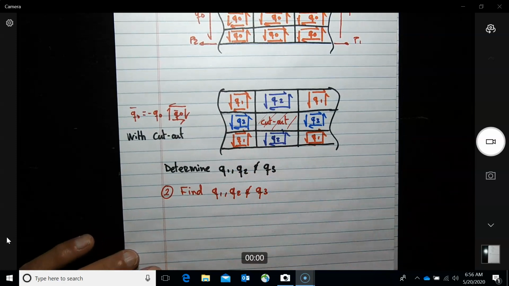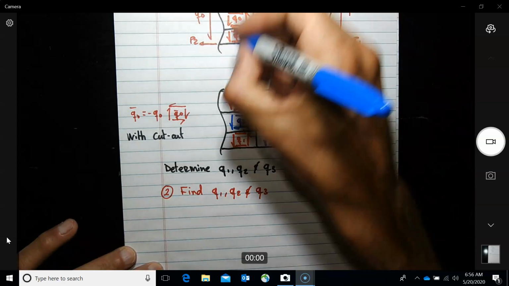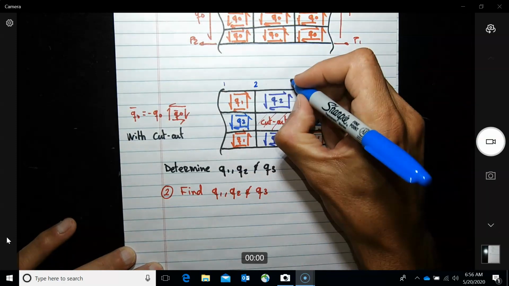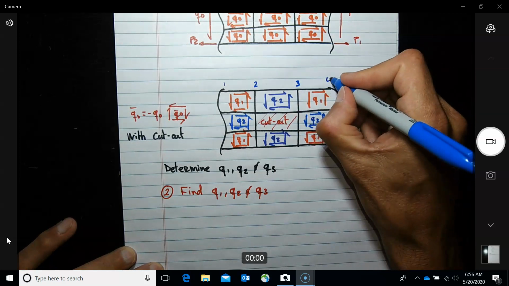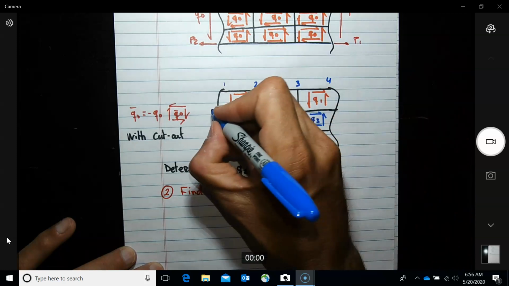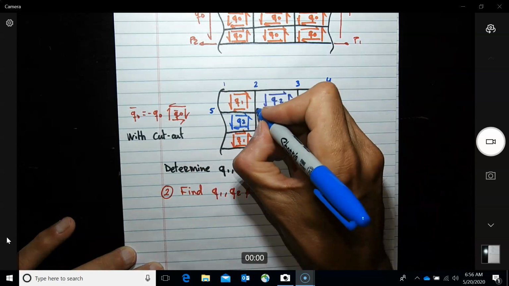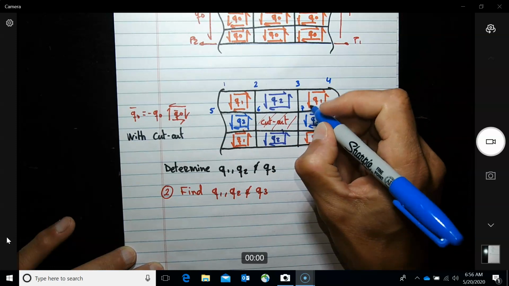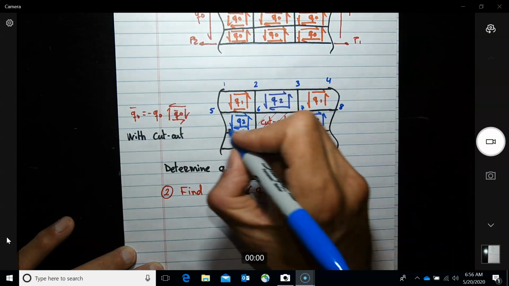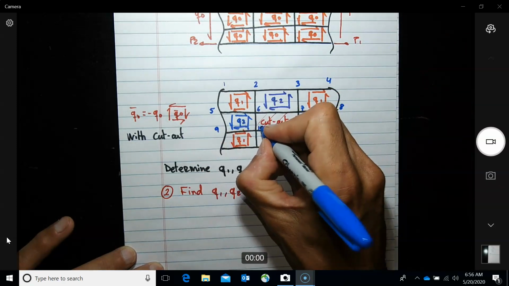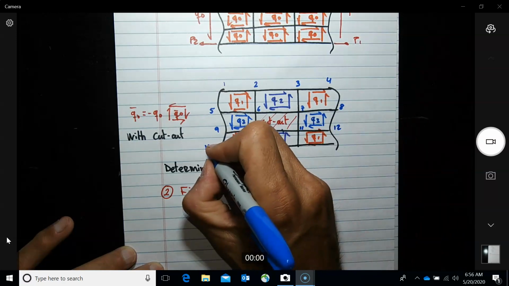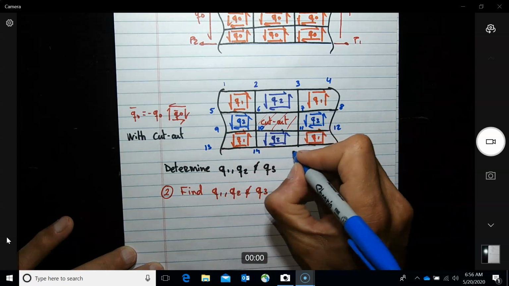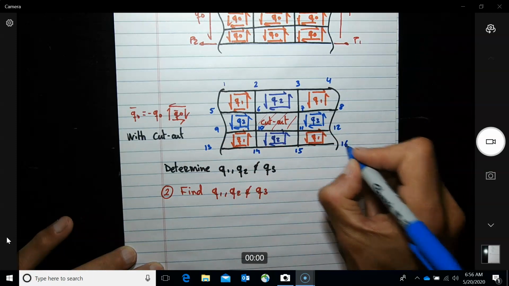So maybe let me do some numbering over here. This will be 1, 2, 3, 4, 5, 6, 7, 8, 9, 10, 11, 12, 13, 14, 15, and 16.